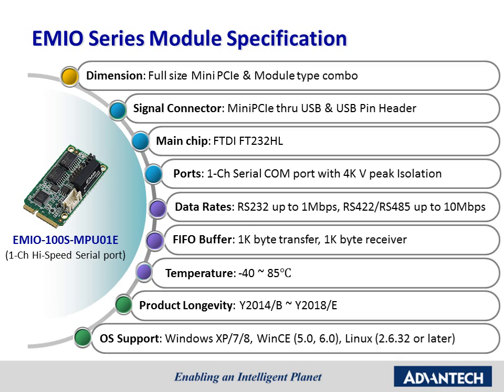This module can add an additional one RS-232 or RS-422 or 485 COM port to the system. The COM port has 4 kilovolt ESD protection, and the module does support extended temperatures. Compared to a traditional add-on PCI or PCIe slot card, this module takes up minimal space.